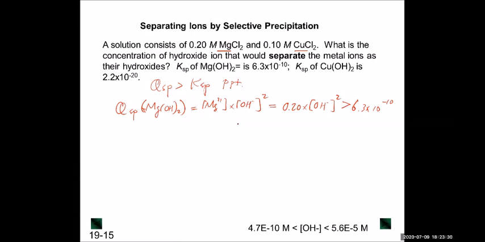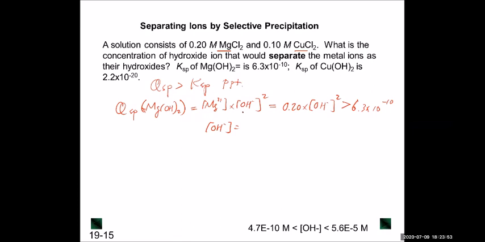Professor, just a quick question. Should it be 2 times the concentration of hydroxide on the inside of that exponent 2? Or 4, would it be? Remember, this is not the ionic compound dissolving in pure water.